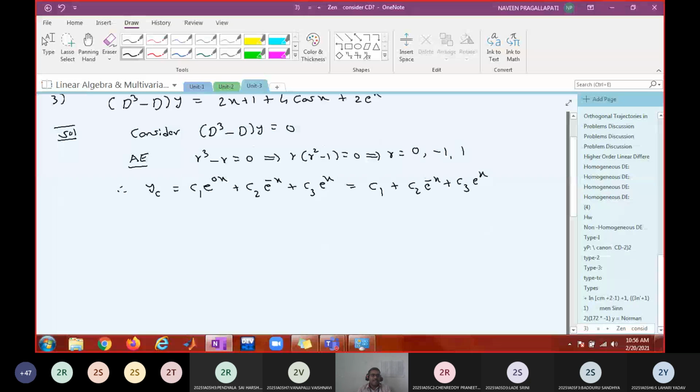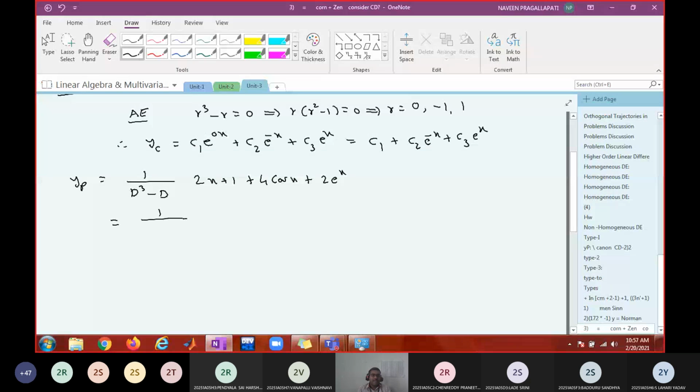So apply the particular integral. What is yp? Yp is 1 by D cube minus D of 2x plus 1 plus 4 cos x plus 2 e power x. Okay. So this can be written as 1 by D cube minus D of 2x plus 1, plus 1 by D cube minus D of 4 cos x, plus 1 by D cube minus D of 2 e power x.